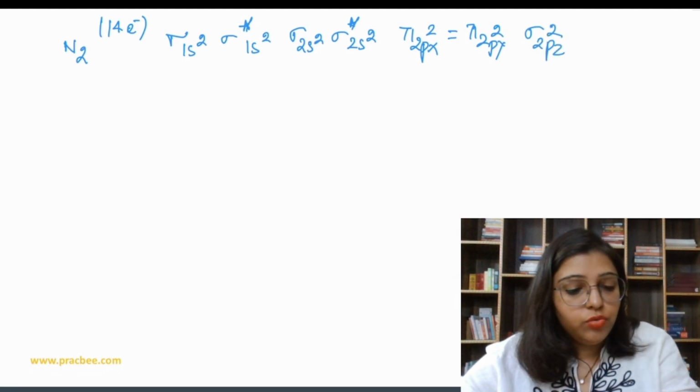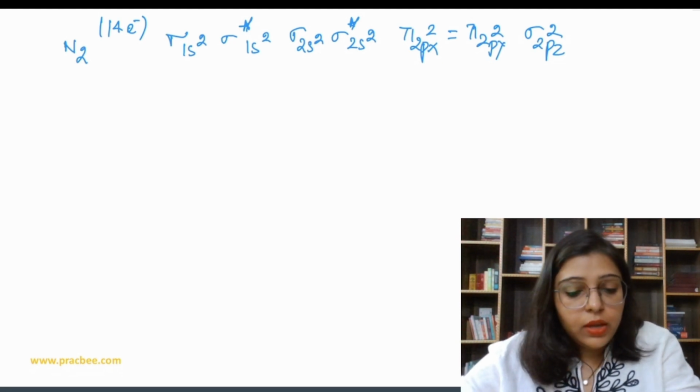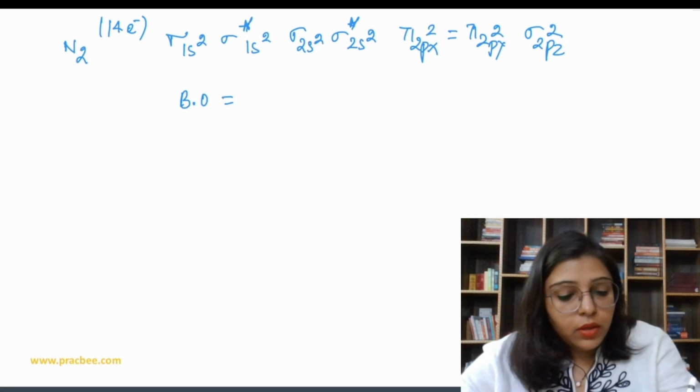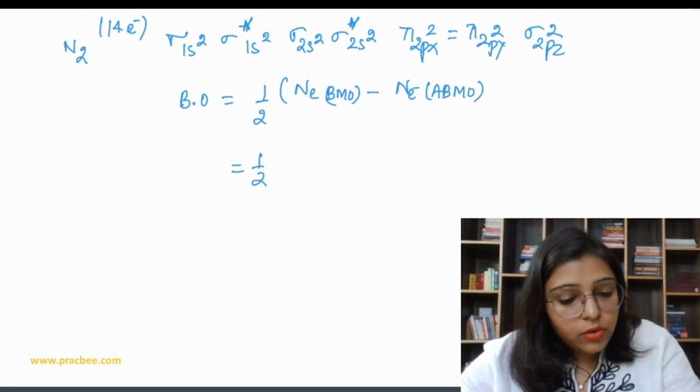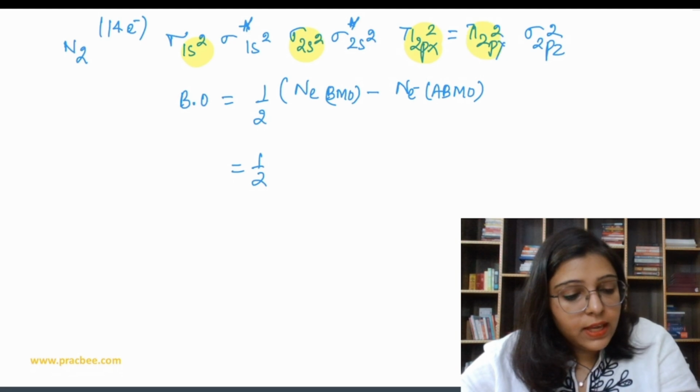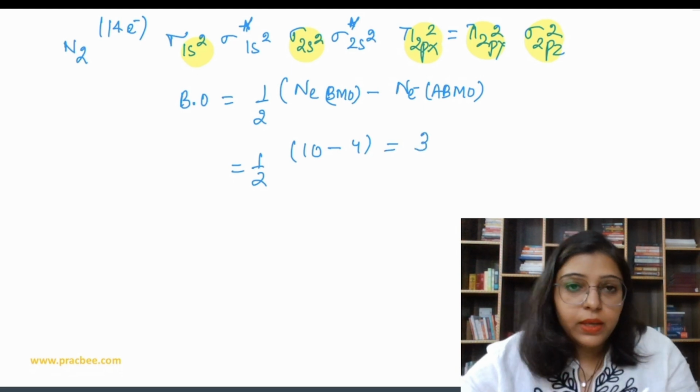All 14 electrons done. Now how to calculate bond order? Bond order is half of the number of electrons in bonding molecular orbitals minus the number of electrons in anti-bonding molecular orbitals. So half of 10 bonding minus 4 anti-bonding, so it is going to be 3.